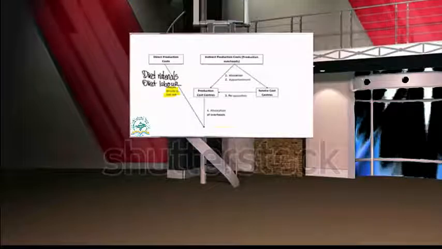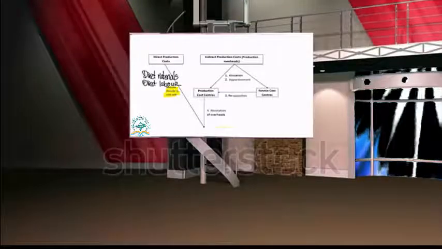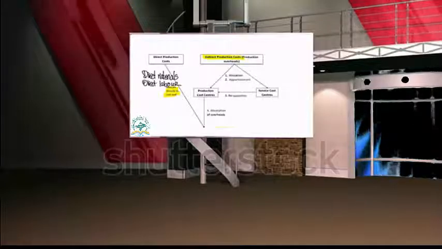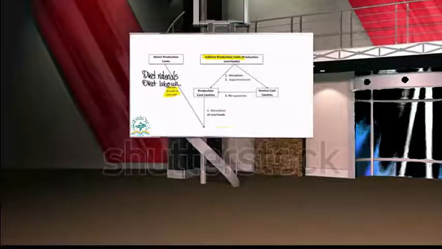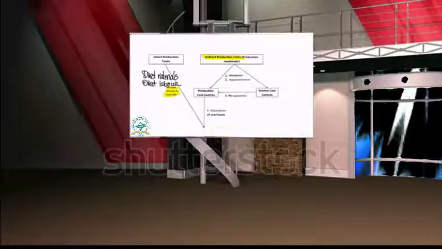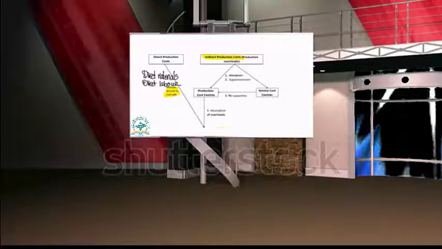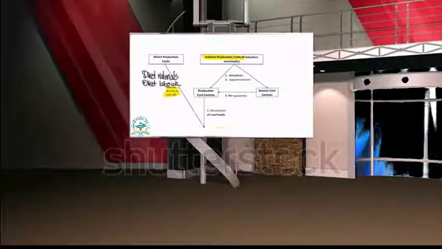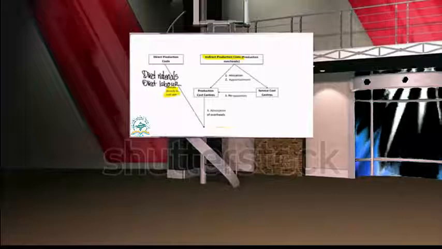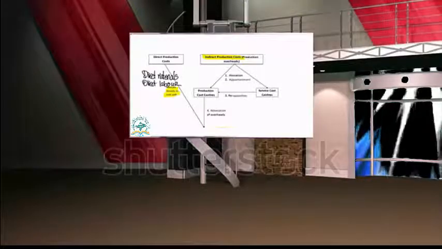The other component of our production cost per unit is the indirect production costs, or our production overheads. Now here's where things get a little bit more complicated. We've said that by definition we cannot link these costs directly to each unit of output.